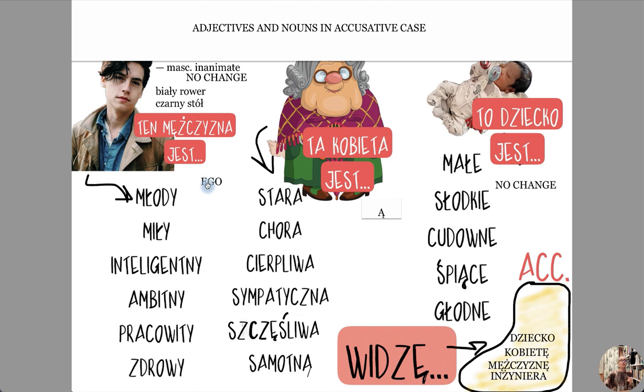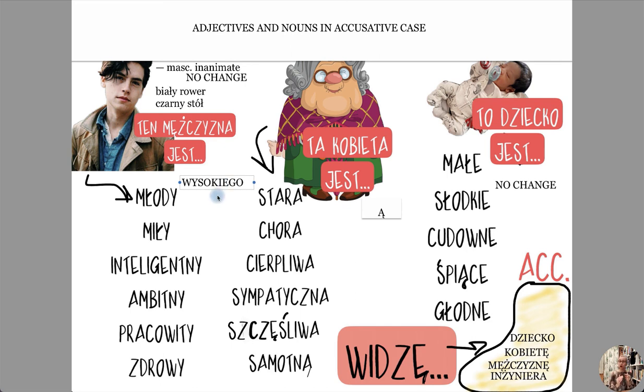However, when it comes to adjectives for animate nouns, the ending is ego or jego, right? Wysokiego we had last time, right? Wysokiego, I think, tall we had as an example. Wysokiego, so the same principle as in genitive. Jego softening when it comes to letter K, okay? So wysokiego, a tall engineer.